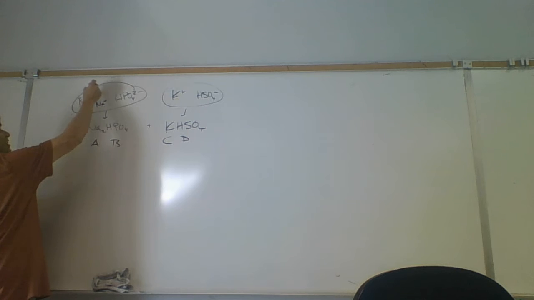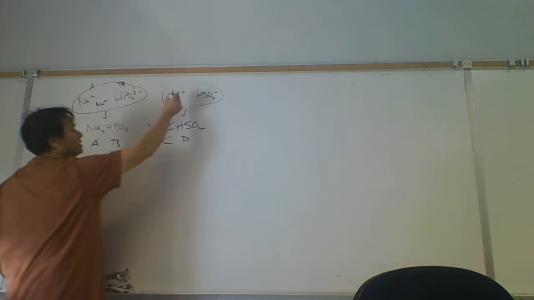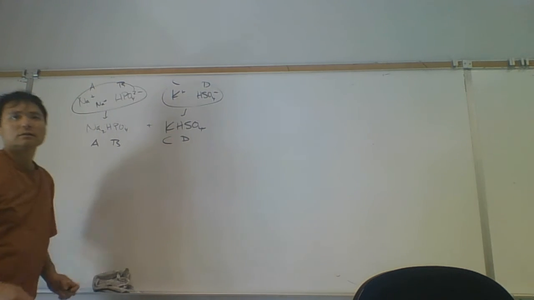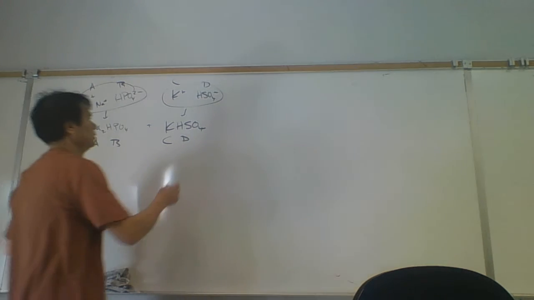Now, A would be the sodium, the B would be monohydrogen phosphate, C would be potassium, D would be hydrogen sulfate. And so, you know, an AB plus CD, that's what type of reaction? Metathesis. So automatically I think metathesis here.